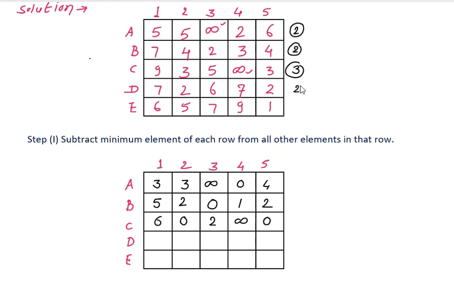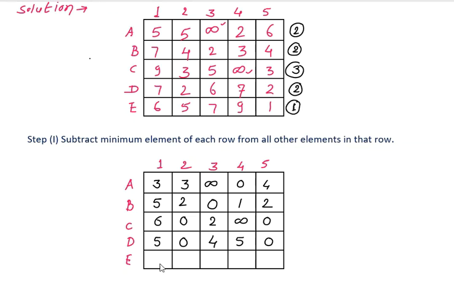The smallest element of the fourth row is 2. Subtracting 2 from all the entries in the fourth row, we get 7 minus 2, 2 minus 2, 6 minus 2, 7 minus 2, 2 minus 2. Then the smallest element of the fifth row is 1.